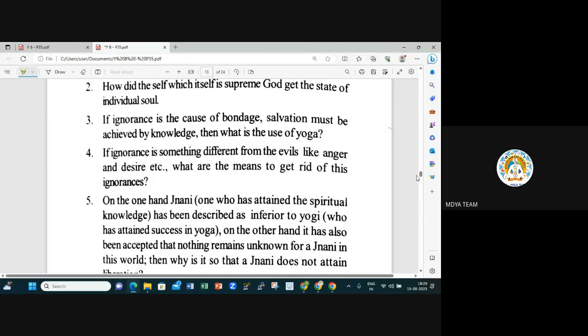When we go inside, then we can know more. Here she is just asking, if you are telling ignorance is different from anger and desire, then how can we get out of the ignorance? This is the simple way. I hope you understand.